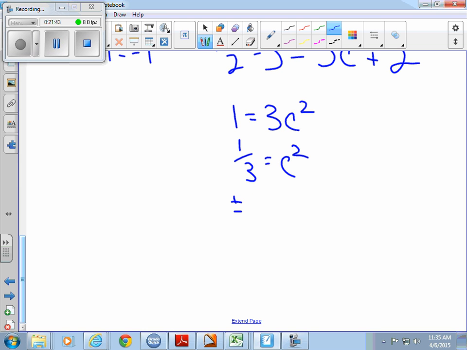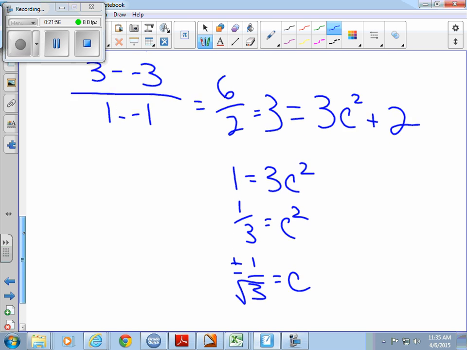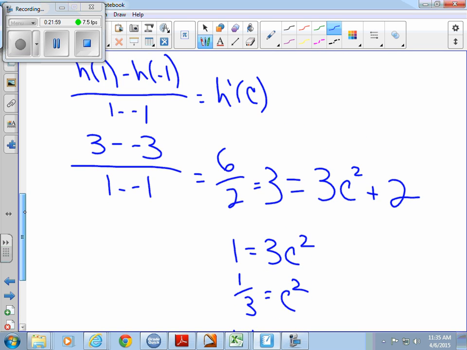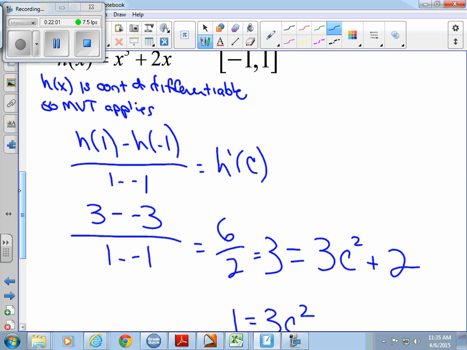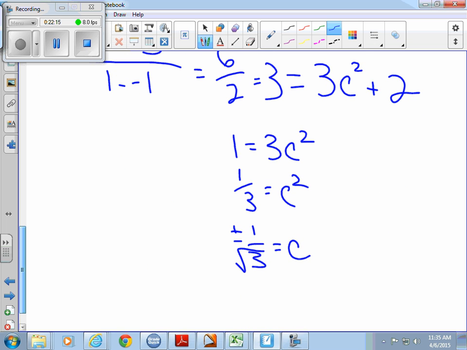And so plus or minus the square root of 1/3 equals c, almost. Oh, sorry, thank you. The c, it just is h prime of c. So h prime of x is 3x squared plus 2. So h prime of c is... Hey, calm down. Okay.